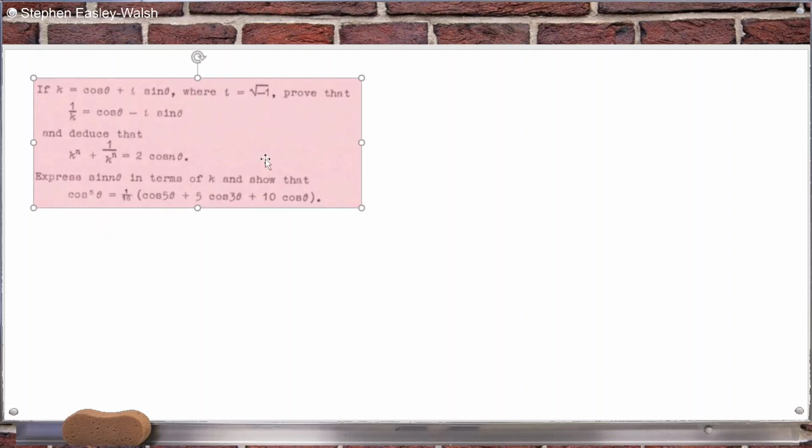Okay, so, well, I'll just remove this to make more space. Basically I want cos power 5 theta. So you have cos theta plus i sine theta power 5.